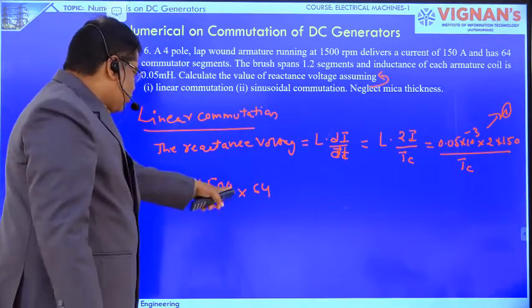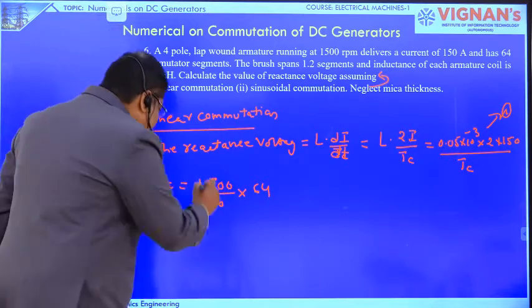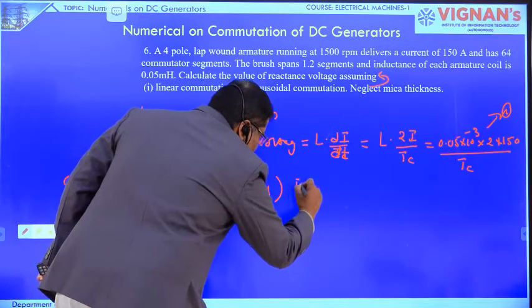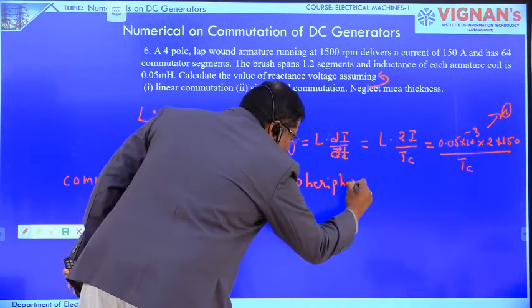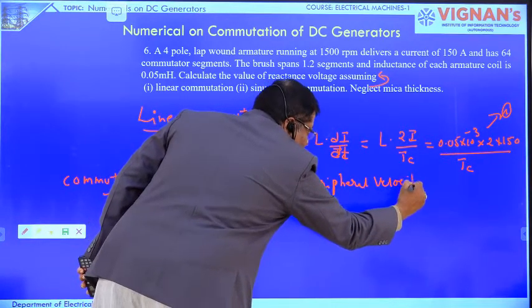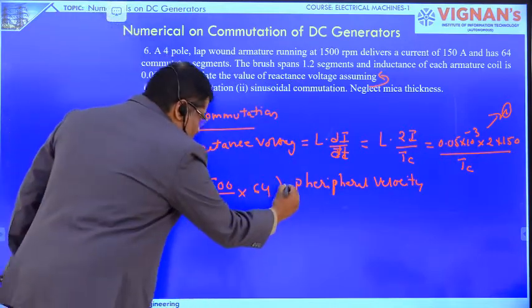This quantity is nothing but the peripheral velocity. Don't get confused here. This one.